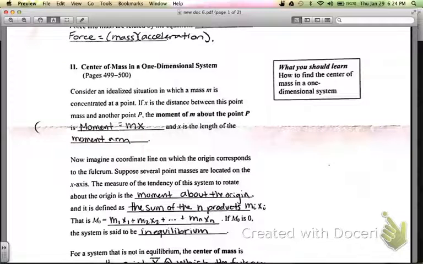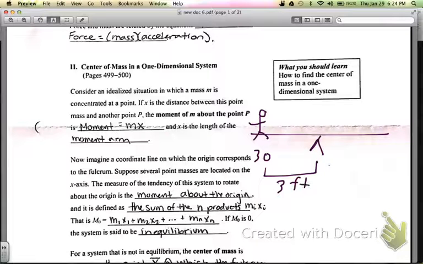For example, if you think of a teeter-totter, and here's the fulcrum in the middle, and there's a kid over here that weighs, I don't know, 30 pounds, and he's 3 feet away from the fulcrum, and there's a kid over here that weighs 40 pounds, and he's also 3 feet away from the fulcrum. Obviously, the teeter-totter is going to go down on this side because this kid weighs more.